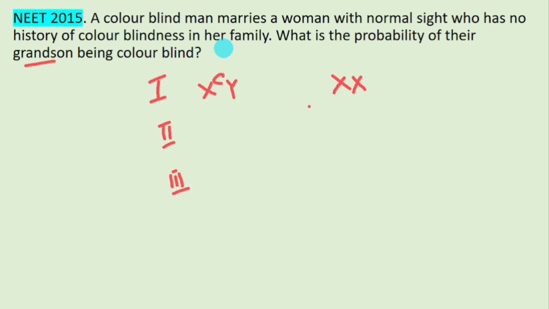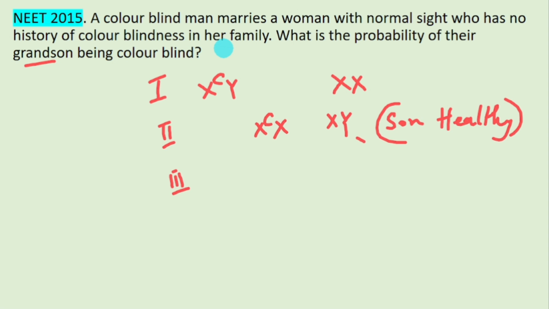So XC combines with this X, and this Y combines with X. So son will be healthy. His family will all be healthy, given he marries a healthy, unaffected woman.